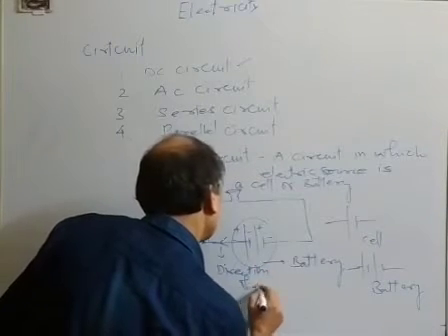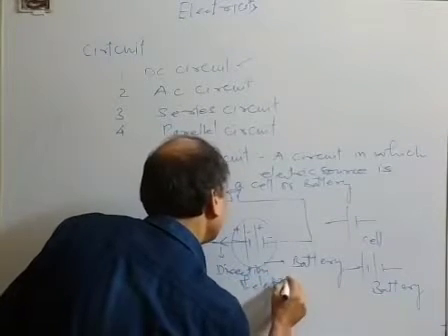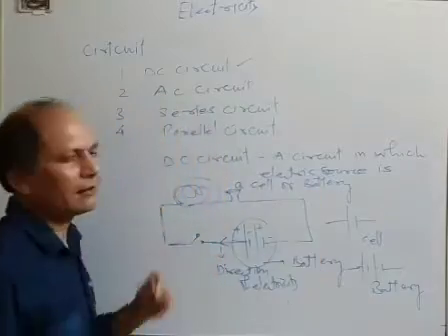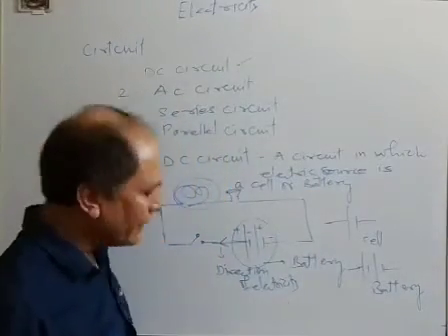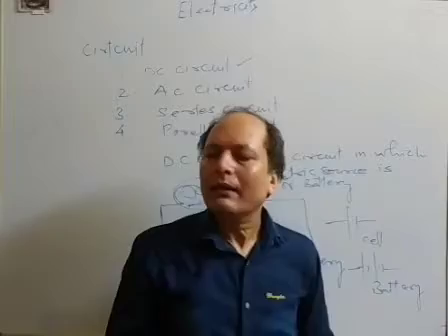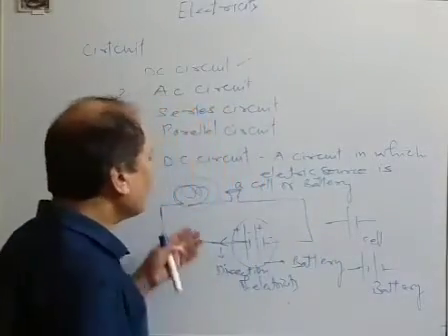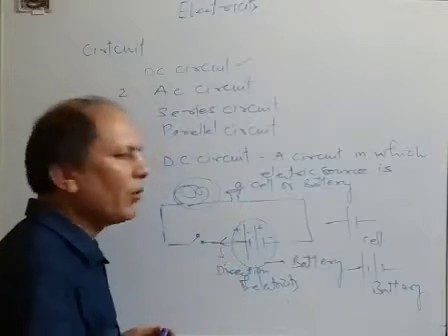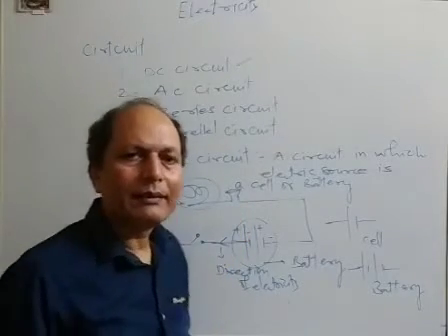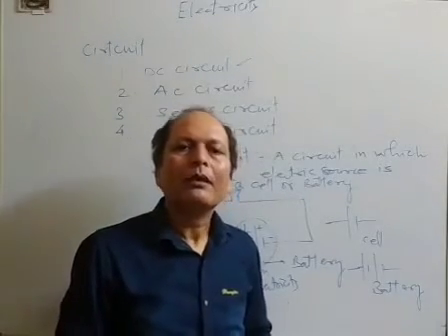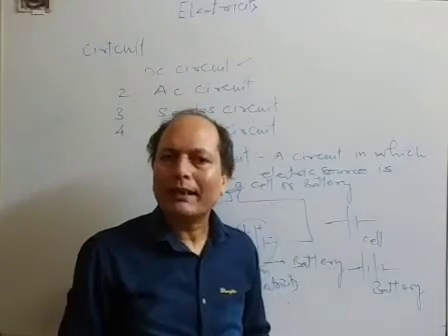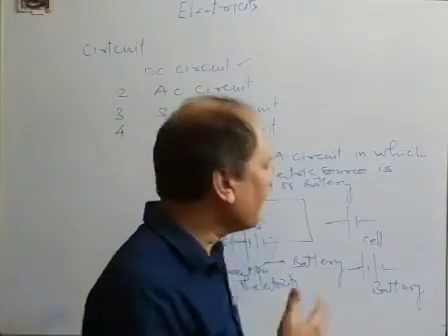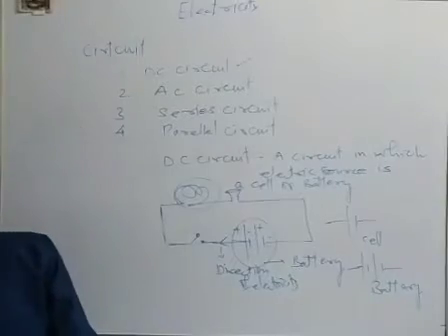So this type of circuit is called DC circuit. This DC circuit is found in things like transistors, radios, sometimes speakers, etc.